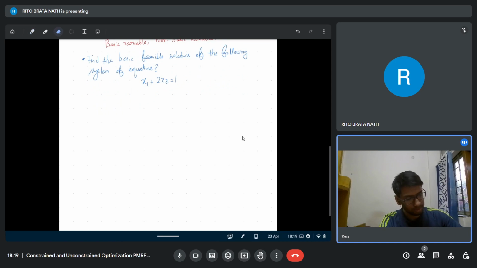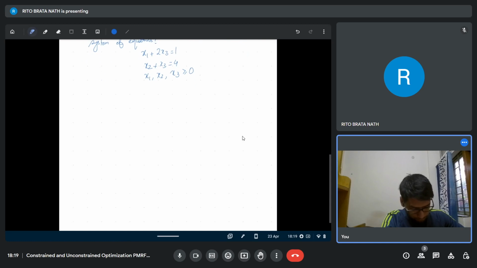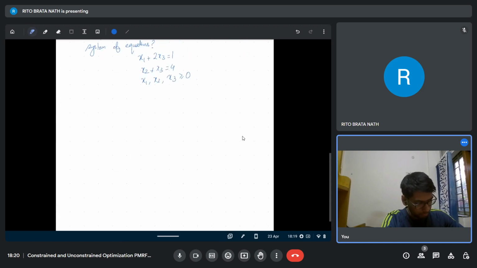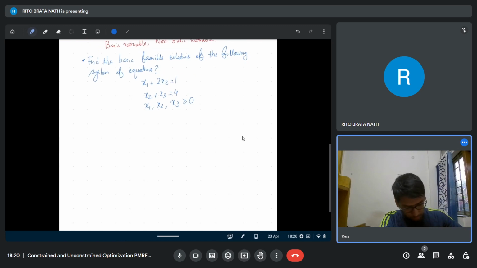Just write it down as x2 plus x3. In order to solve it, one way is this: x3 is common in both the equations, so you can have x3 as 0, and then you have x1 as 1, x2 as 4. So (1, 4, 0) could be one solution, right?